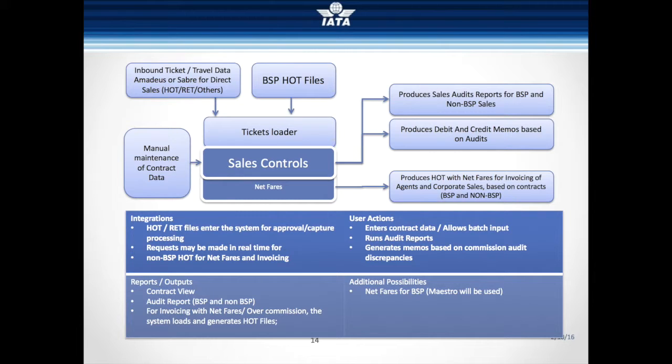So you would always be able to see all data in the sales control module acting as a post auditor, where we can produce sales audit reports, both for BSP and non-BSP sales. We can also produce the debit and credit memos, including integration into BSP Link. All contracts can be manually maintained or uploaded through templates.